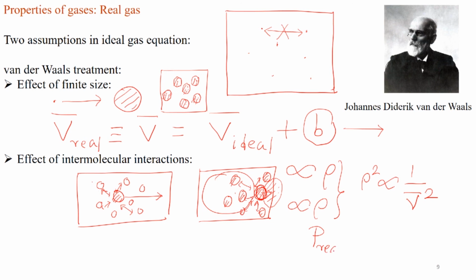So, as before, we can write a correction for the pressure. The real pressure, which we simply denote as P, will be less than the ideal pressure by an amount which is proportional to 1 over molar volume square, and this proportionality constant we call A. And as before, A will be different for different gases.